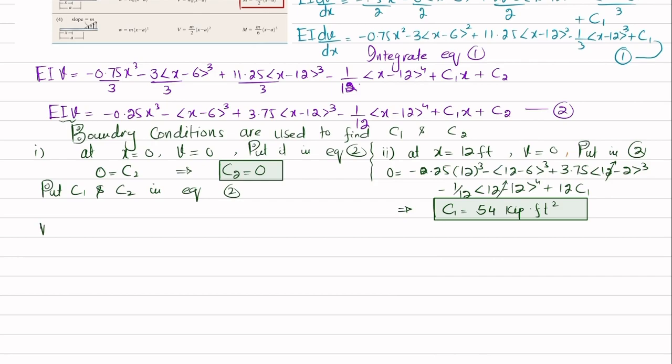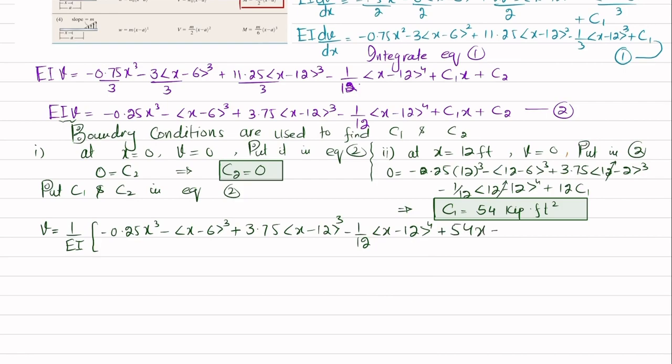What you will get is V is equal to 1 over EI into minus 0.25 x cube minus x minus 6 whole cube plus 3.75 into x minus 12 whole cube minus 1 over 12 into x minus 12 power 4 plus C1, which is 54, x plus C2 is equal to 0.